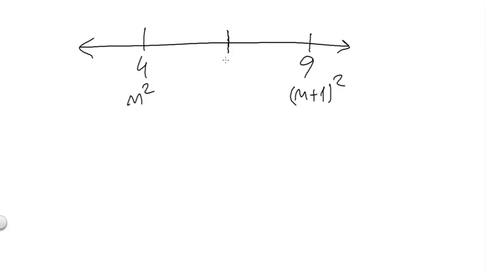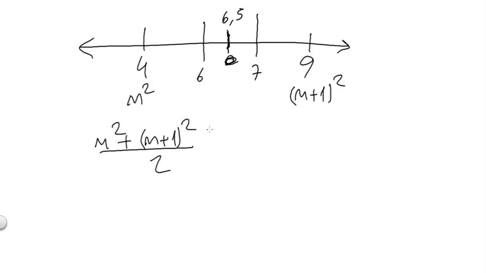So I want to get the middle term, okay? So this is 6.5, and I will go to 6, okay? Or I can go to 7. First of all, how do I get the middle term? 6.5 is just their average, right? So I have m squared plus m plus 1 squared. If I add them and divide by 2, I'm going to get the middle term, 6.5.